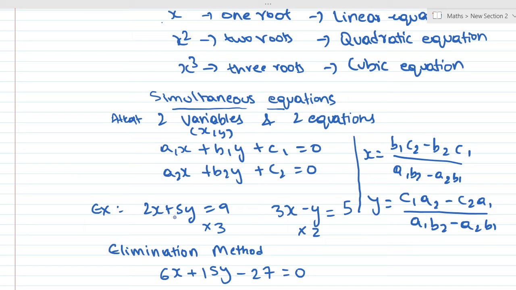So 2 is a1, 5 is b1. First we need to convert the equation like this: 2x plus 5y minus 9 equals 0, 3x minus y minus 5 equals 0.